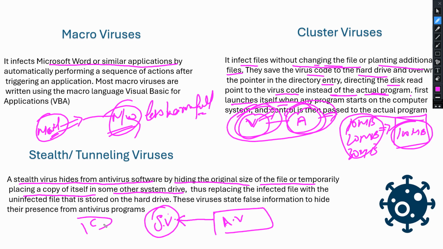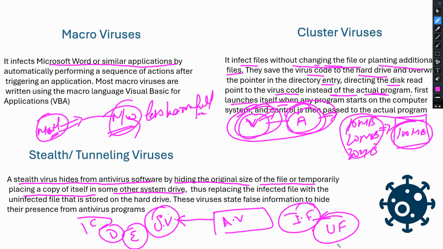We have C, D, E. Okay, it copies the file to other drives and thus replaces the infected file with the uninfected file that is stored on the hard drive. We have an infected file, so here the infected file will be replaced with the uninfected file.